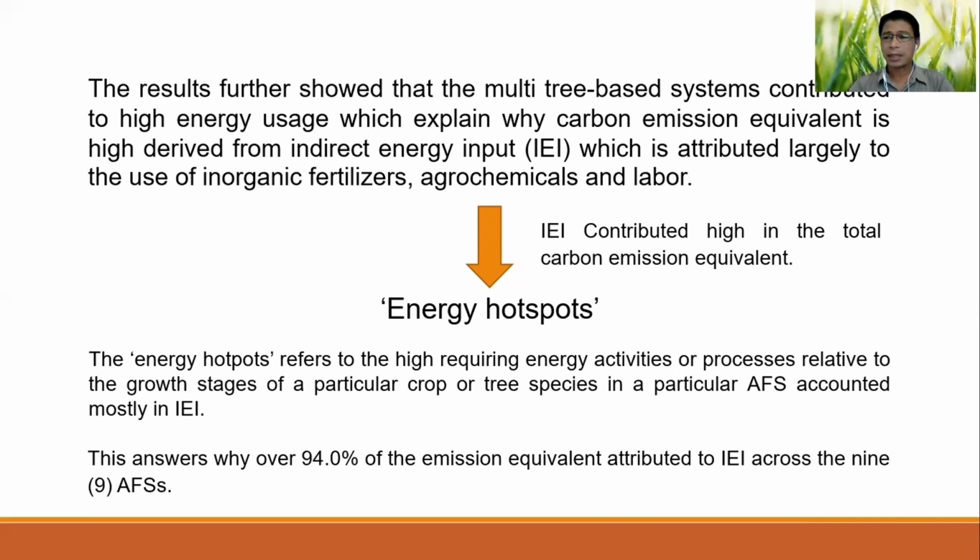The high plant density and the number of tree species present in the system contributed significantly in the overall energy inputs. This is due to the accrued energy usage that each individual tree crop component contributed, implicating the entire system to be a net carbon emitter.